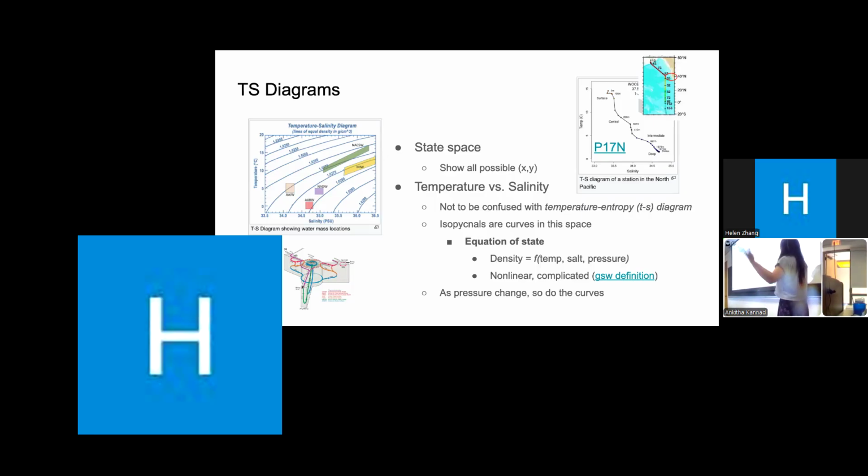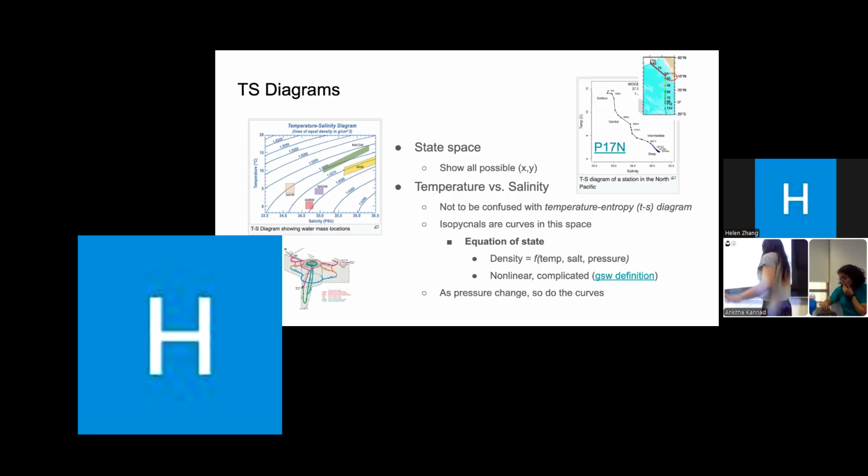Okay, cool. So yeah, state space: all possible values that we have. In our case, it's temperature and salinity, not to be confused with temperature-entropy plots, which are also called TS diagrams. Those are also relevant, and in fact can be used together if you're thinking about heat budgets. In this space, isopycnals are curved, and that is because the equation of state we have for density is super nonlinear and complicated.